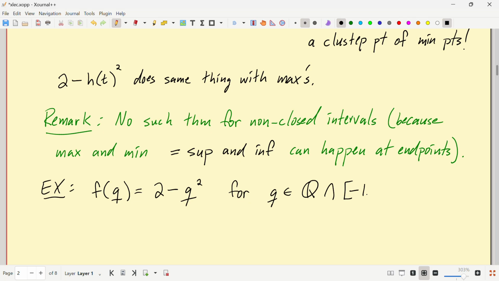Let's see, what does that look like? Oh, that doesn't have a zero, right?